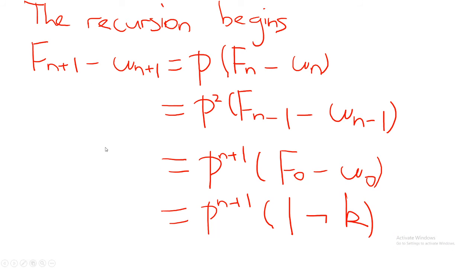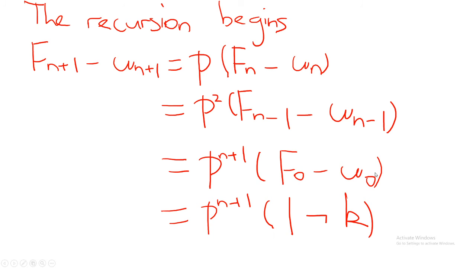Now the recursion begins. Fn+1 minus un+1 is equivalent to P times (Fn minus un), or P squared times (Fn-1 minus un-1). Now we have P to the n+1 power times (F0 minus u0), which is 1 minus k.